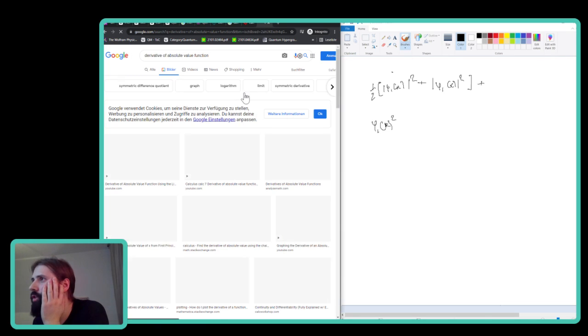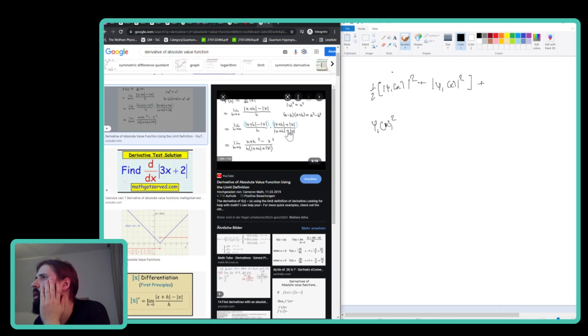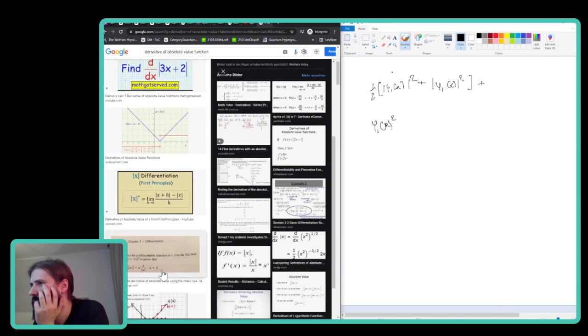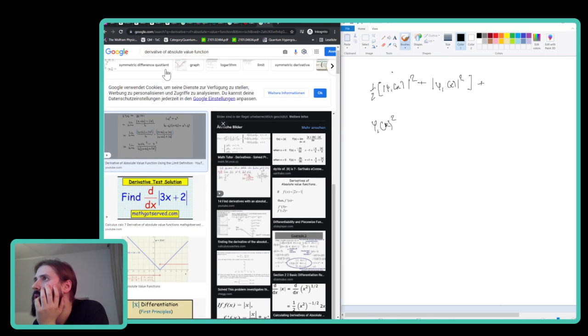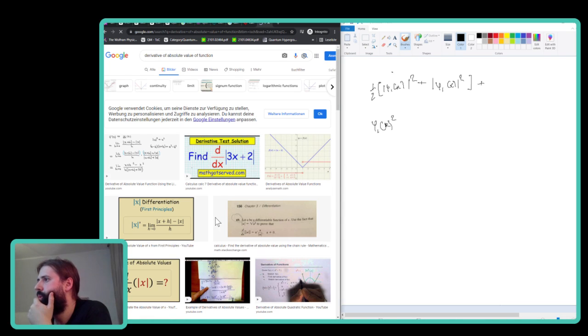An absolute value of a function. Is there anything specific to be aware of?